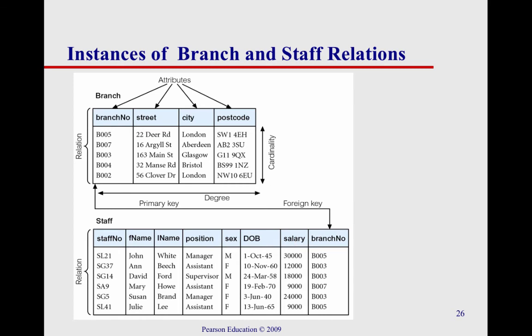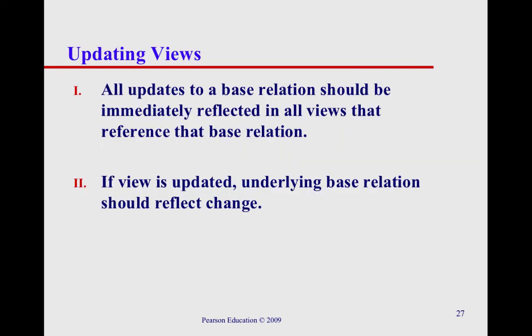So views have a way of simplifying the information that we present to our users. Okay, so they can also sometimes be thought of in the context I just showed you as a report. Okay, so a salary report or a directory. Okay, so two ways to think of them: A, as a virtual relation; B, as a report.